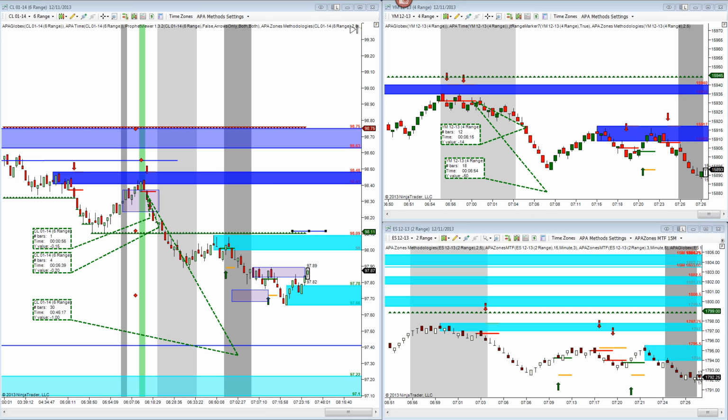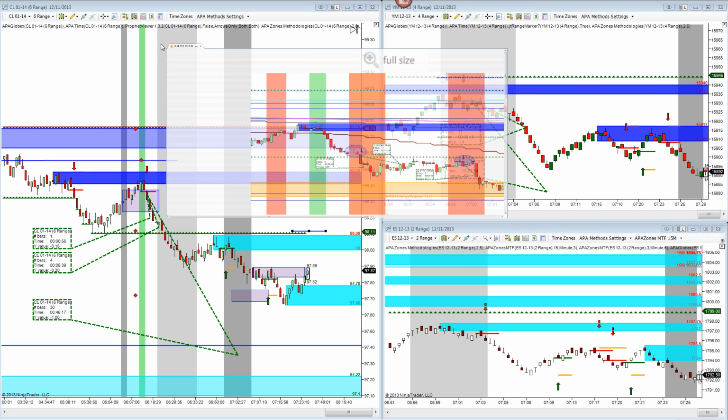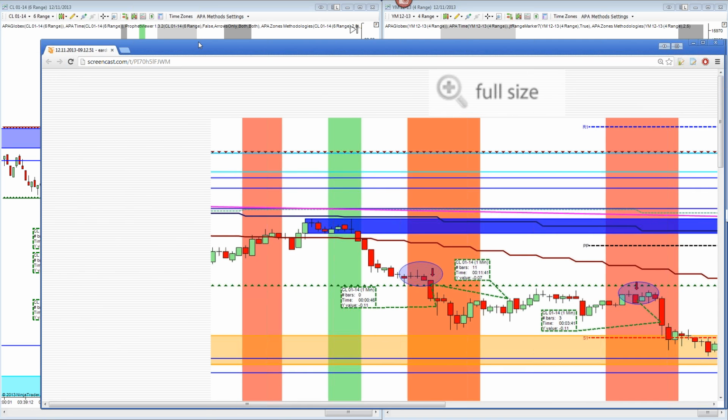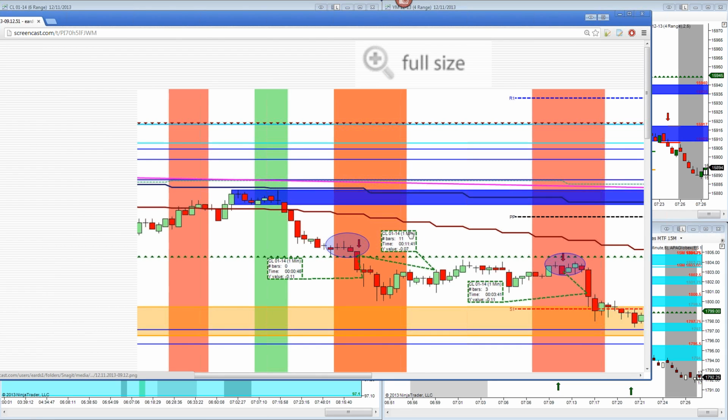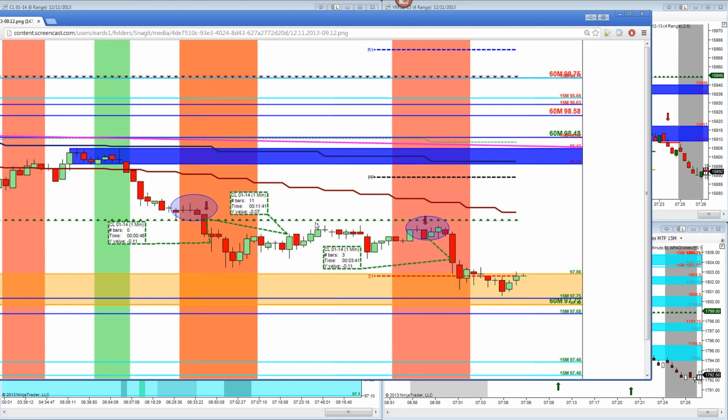Okay, so I'm going to pop up John's trades because he has some different charts here. He got short off of that consolidation and was able to take that short. So 11 and 7 it looks like he got.